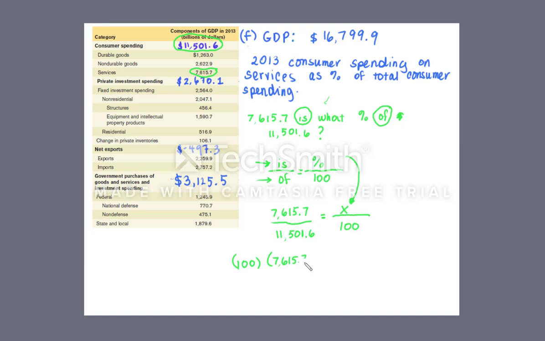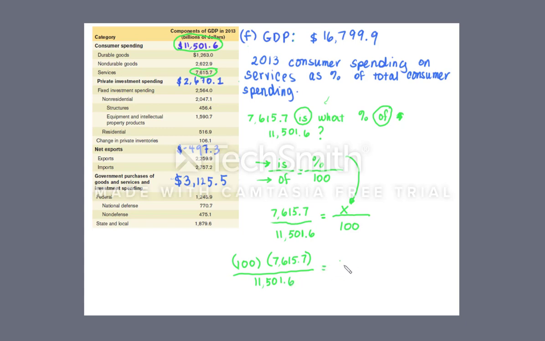And when I do that calculation, I'm going to get the percent that 7,615.7 is of 11,501.6. So I'm going to do that now on my calculator.